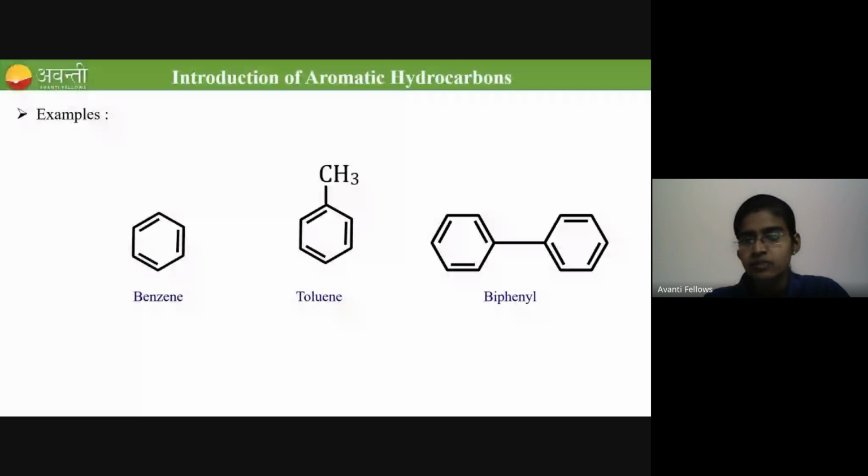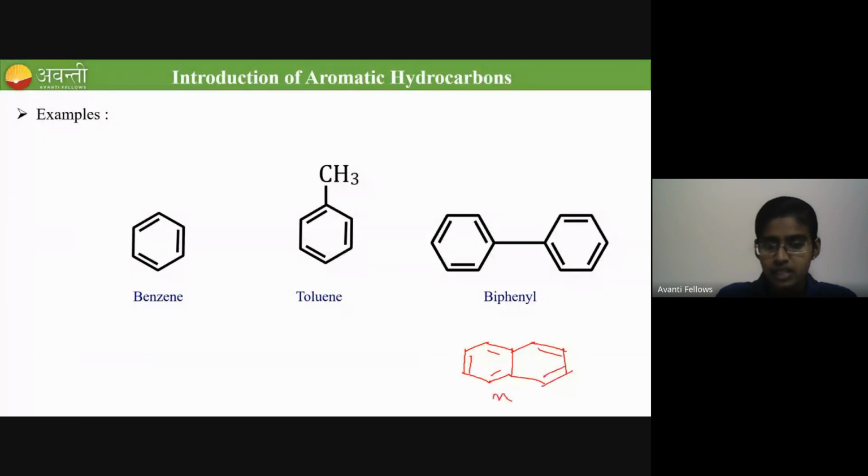Now, in these two rings you see that 2 carbons are common for both. Both carbons are common for both, but still we have to take that. This is called naphthalene.